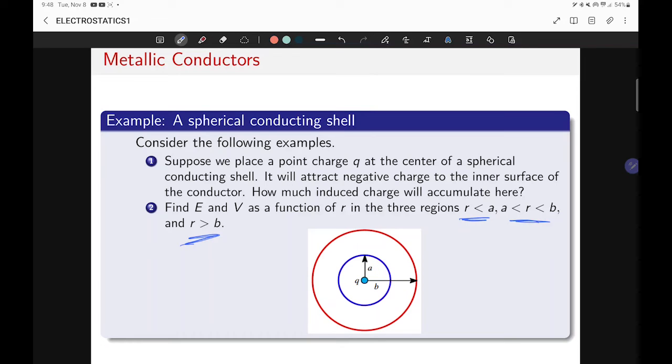Given the condition, it will attract negative charge to the inner surface of the conductor.